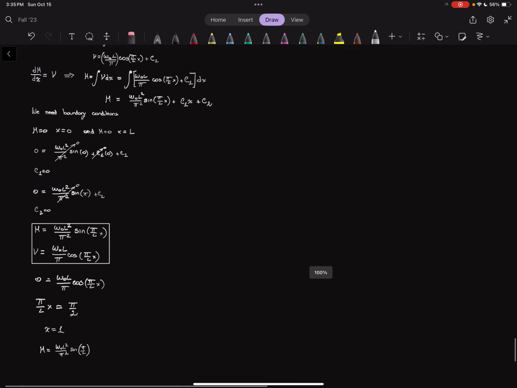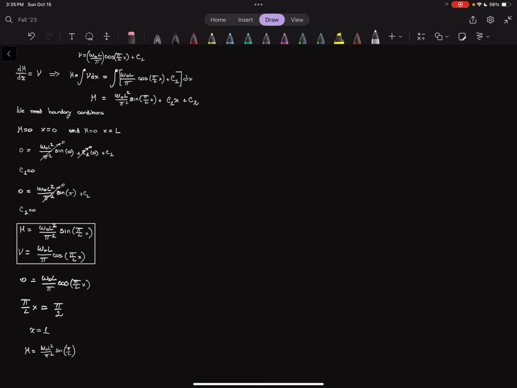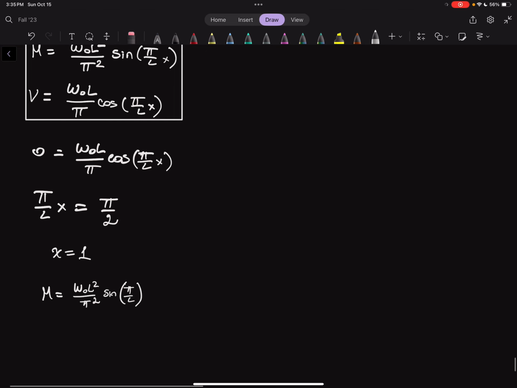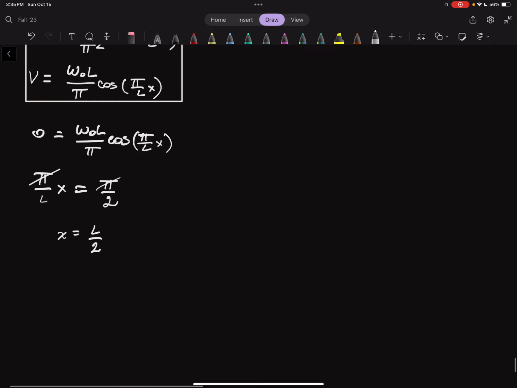Let's see. Oh, hold on. I think I made a mistake. I was reading this as a 2. So if this is L, my bad. Then my x, these will cancel out. My x is going to be at L over 2.